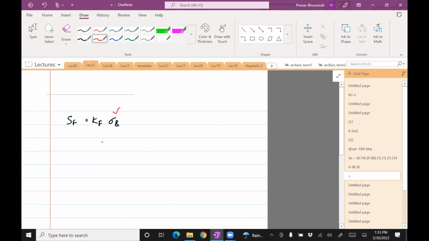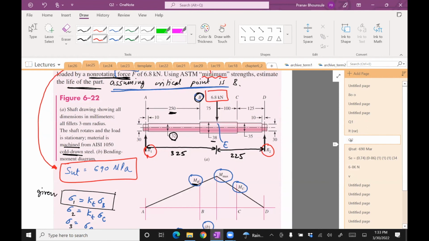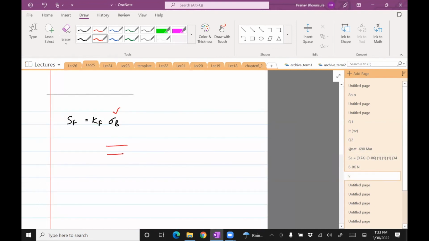We need to get Kf based on this geometry. If you look at this figure, this is 32 mm, this is 38 mm, and there's a change in diameter. So we're looking at something like this, 32, 38, and this is subjected to bending. Now to do that, step 1 is compute KT for this geometry. Step 2 will be compute q, and step 3 would be compute Kf as 1 plus q times KT minus 1.